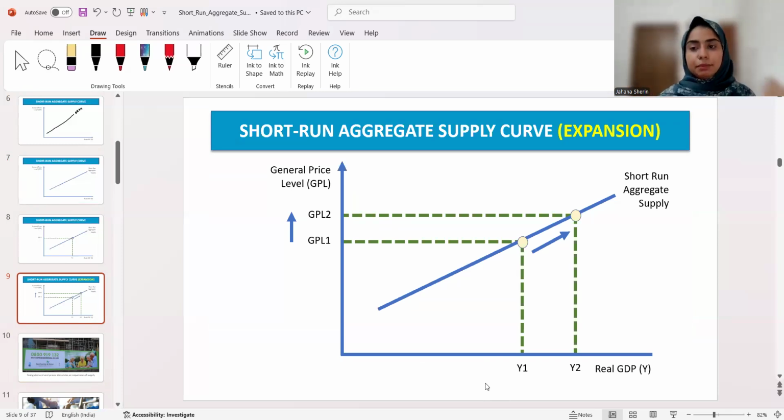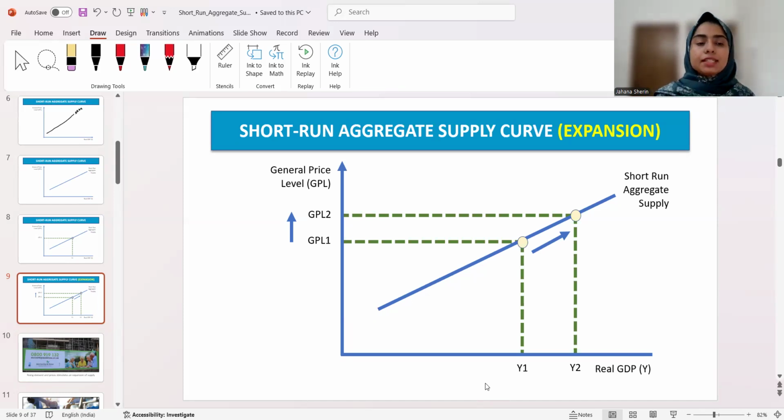Why? Because the price is increasing, that means the profit motive. We are assuming the producers are profit maximizers, so a profit-maximizing producer will think, this is a better opportunity to produce more because the economy is offering a better price.